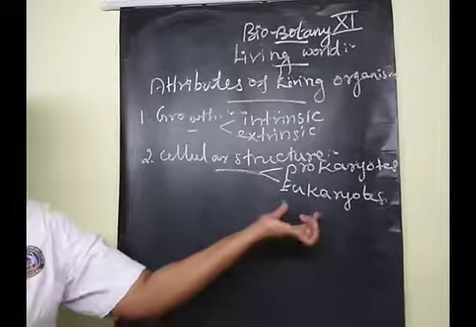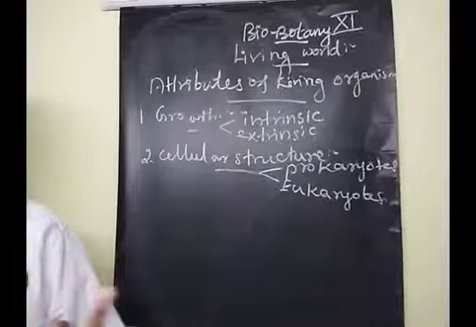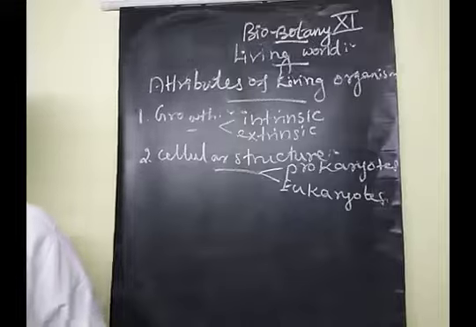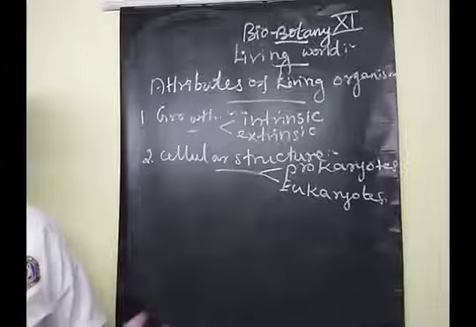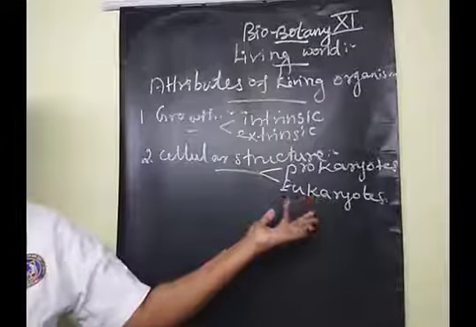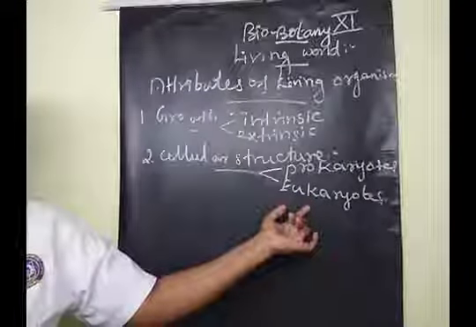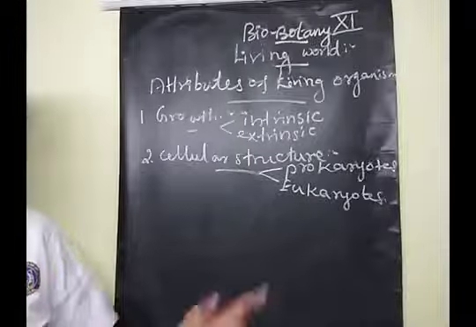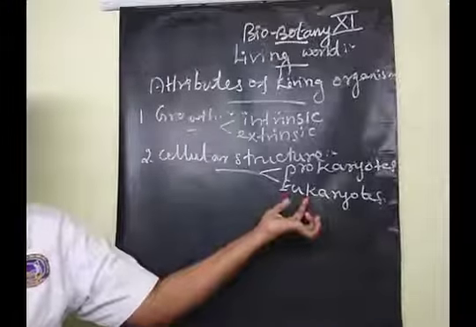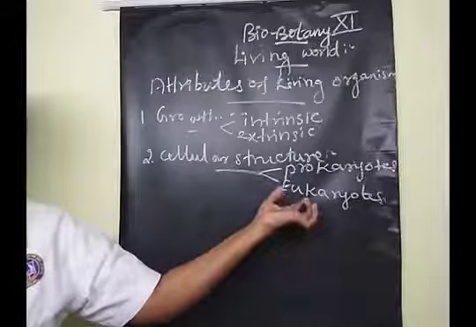Eukaryotic cells come under two types of organism, unicellular and multicellular. Unicellular, for example amoeba. Multicellular examples are Spirogyra and Oedogonium.